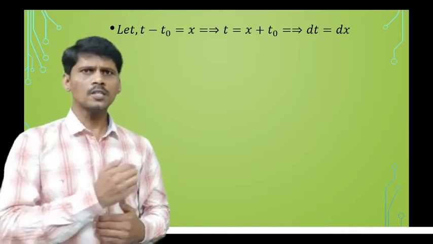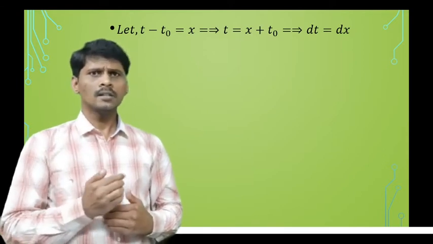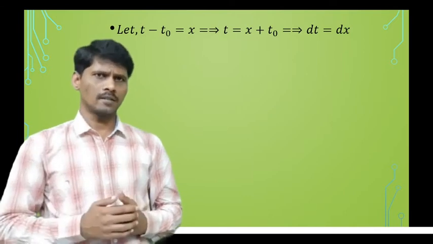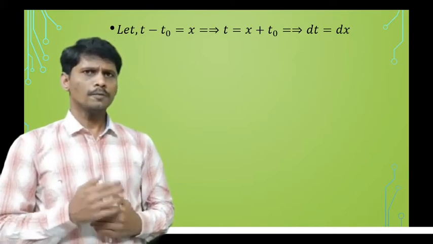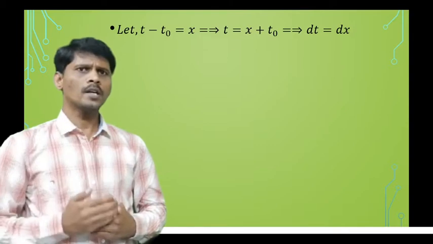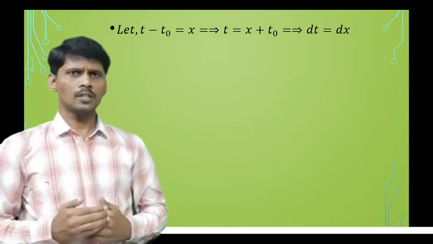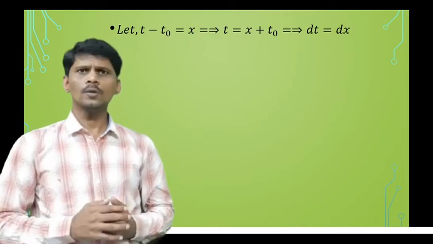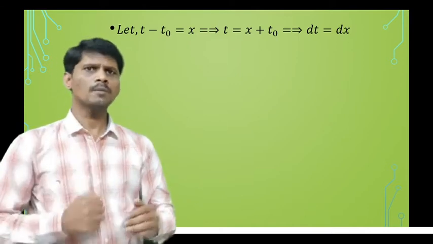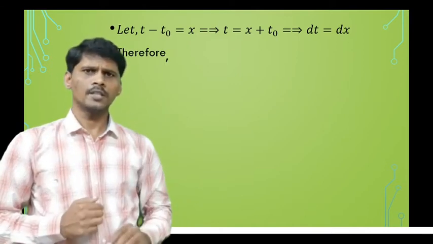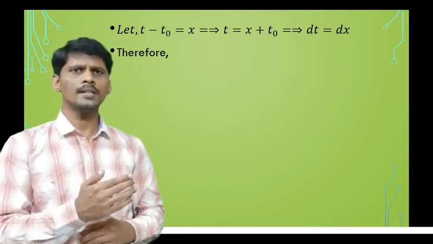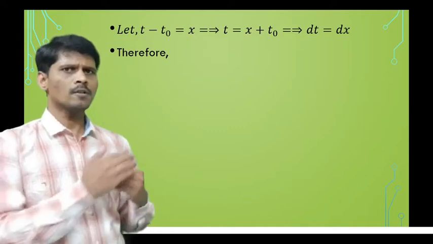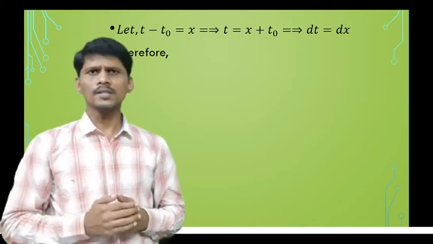Since t is equal to x plus t naught, if t is equal to minus infinity, then x is equal to minus infinity. And if t is equal to plus infinity, then x is equal to plus infinity. So the range of x is also minus infinity to plus infinity.